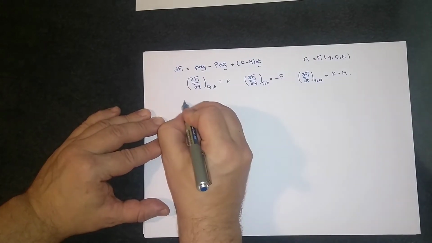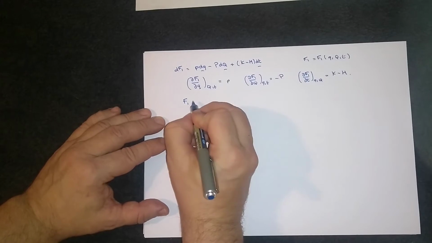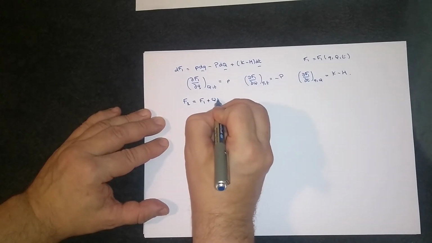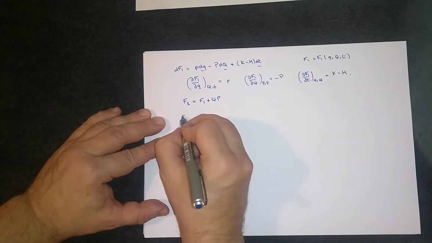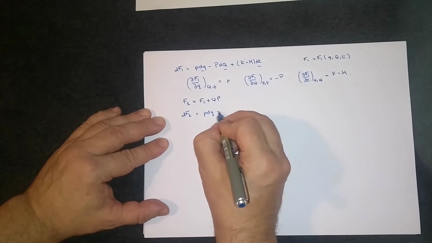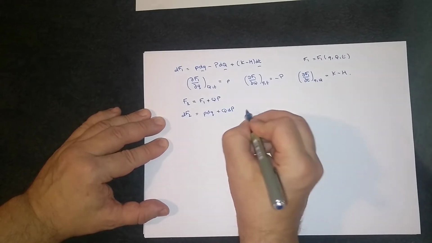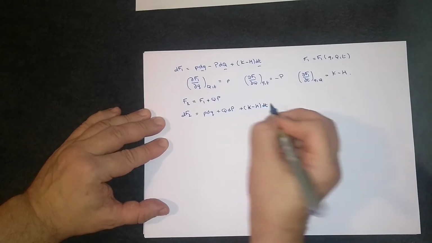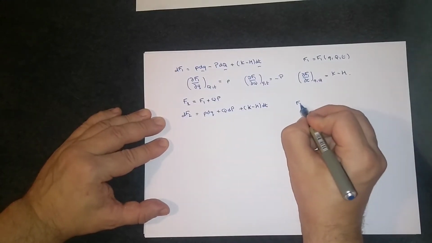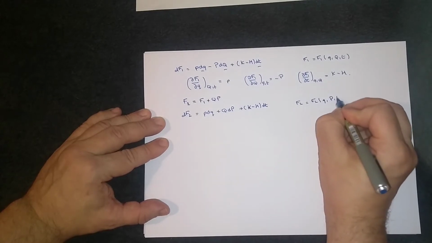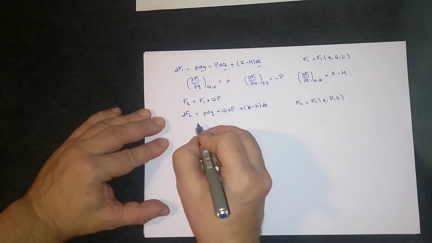However, f1 is not the most useful thing you can use. You can have f2 as f1 plus QP. The differential relationship is then little p dq plus Q dP plus k minus h dt, from which you can see that f2 should be regarded as a function of little q, big P and t.